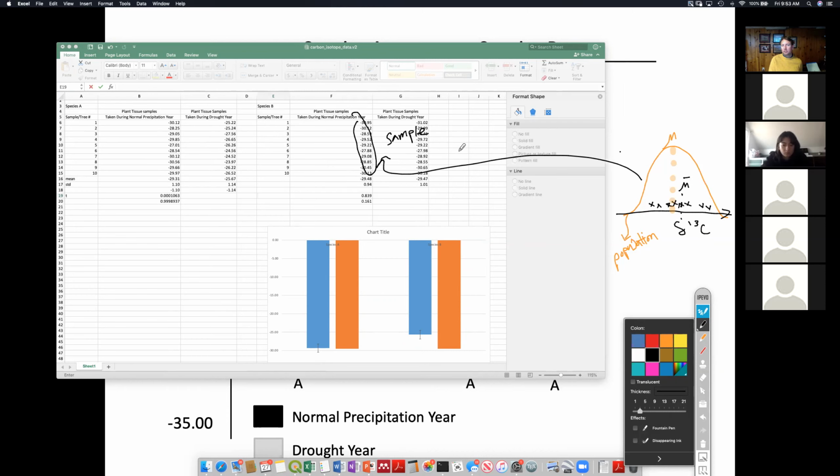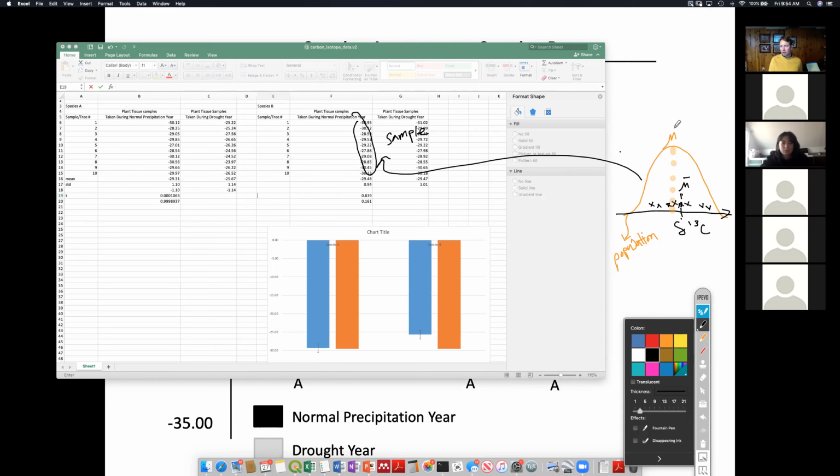Those are statistical definitions. When we get a set of data, we're saying that's a subset that comes from this greater population, that if we had all the samples in the world, if we were able to measure all of them, they would follow this population. Does that make sense? It's kind of an abstract idea. Yeah.